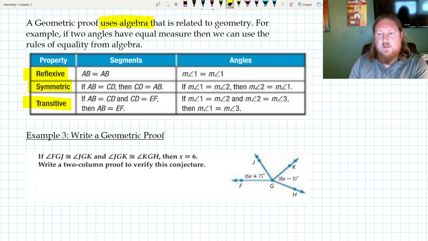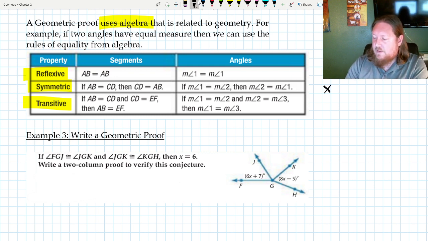Now, reflexive, everything is equal to itself. Symmetric, you're allowed to change which side they're on. The transitive is the only one that's a little bit different, but the main idea is, and I'm going to do it with algebra instead of with segments or angles here, slightly less symbols.